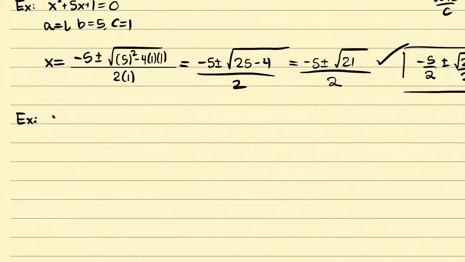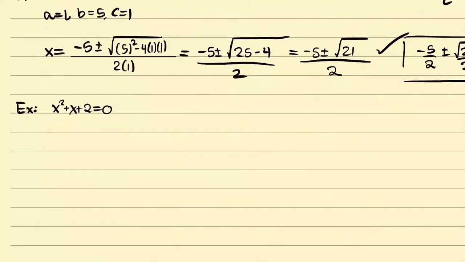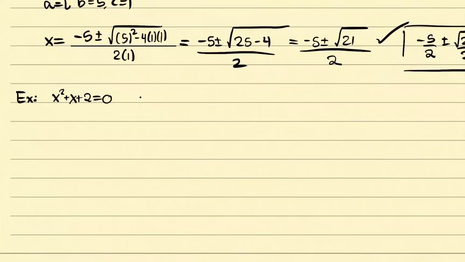So let's solve this equation right here. A is going to be 1, B is going to be 1, and C is going to be 2.